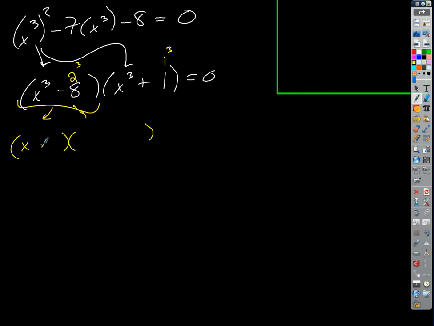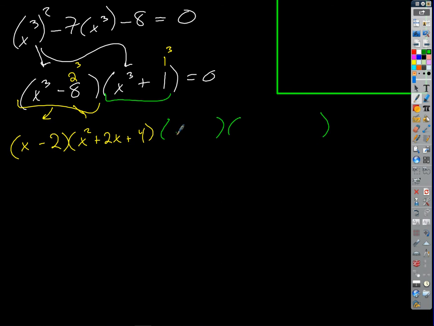Minus, right? If this is x cubed minus 2 cubed, then this is x minus 2 times x squared plus 2x plus 4, which is 2 squared. Good. And then this one over here is a sum of cubes.